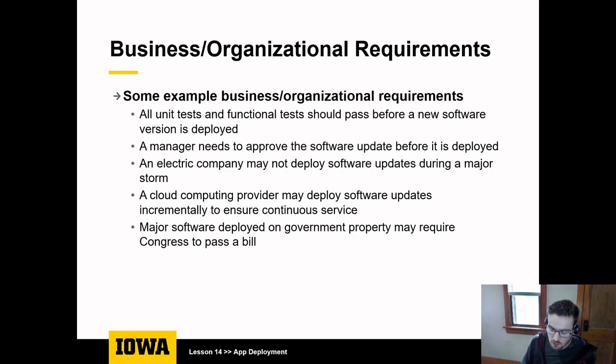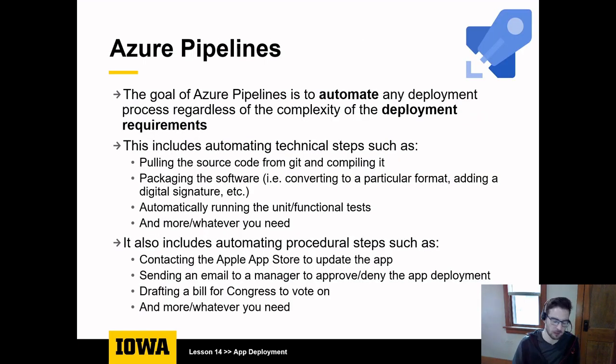And what that brings us to, all these different types of requirements, is the idea of automating our deployment process. And there are a lot of tools for this, but the one we'll talk about here is Azure Pipelines, right? And regardless of the tool, they all try to accomplish the same thing.